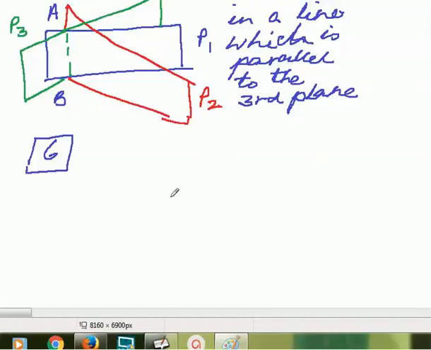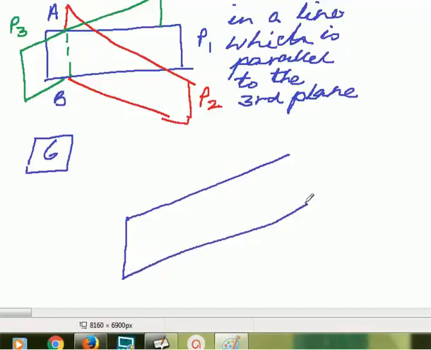So we have two planes. Plane 1 and plane 2. Plane 2 we will use red color.